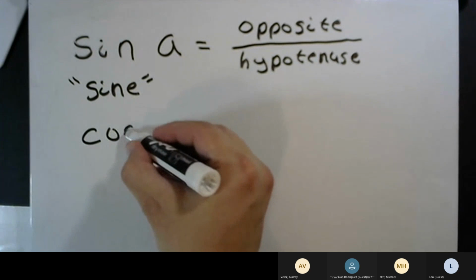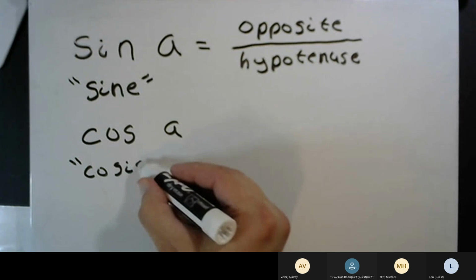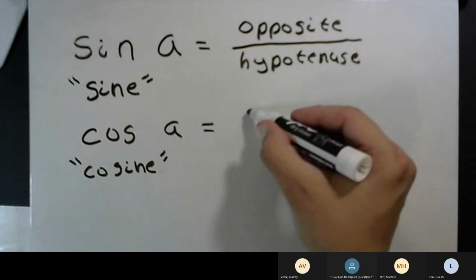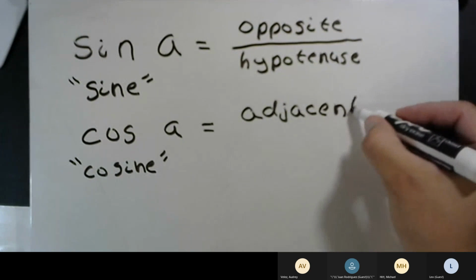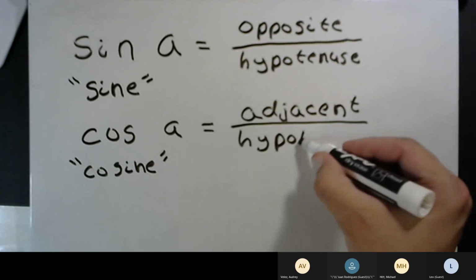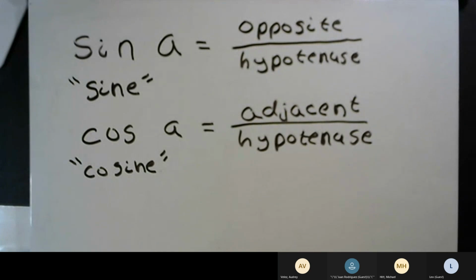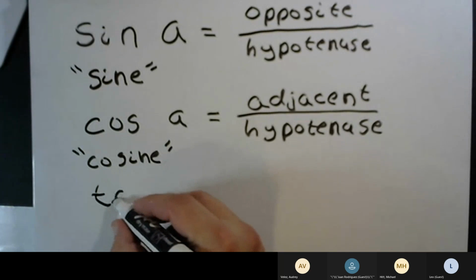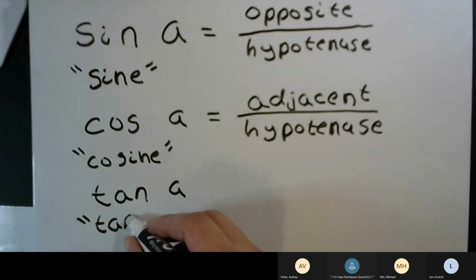The cos of angle A, or what we call the cosine, is the adjacent over hypotenuse. And finally, there's the tan. Now, there are others, but we'll look at these three.